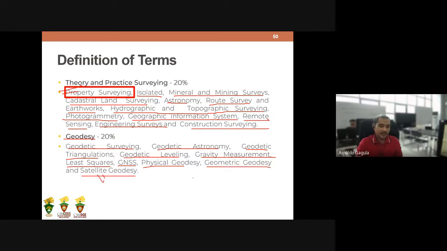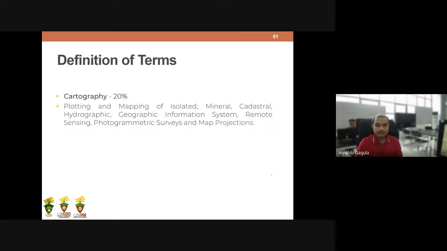Na inyong mga subject. Lastly is cartography that involves plotting and mapping of isolated, mineral, cadastral, hydrographic, geographic information system, remote sensing, nagyan po sa remote sensing, photogrammetric surveys, and map projections.